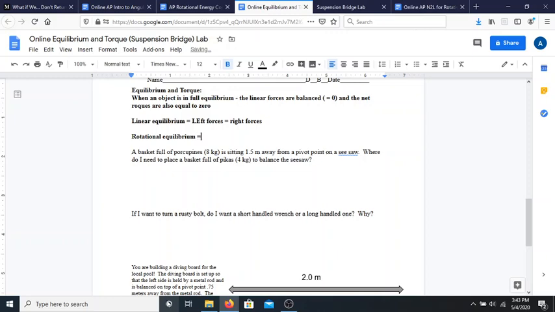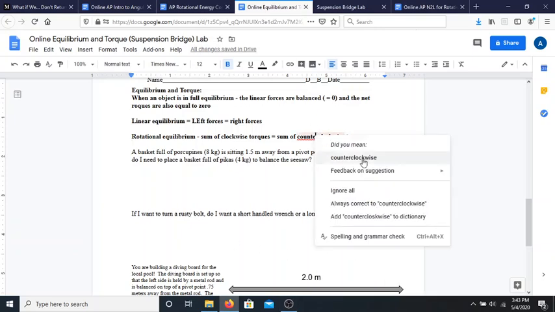All right, so for rotational equilibrium, what that means is that the sum of clockwise torques equals the sum of counterclockwise torques. And we already kind of saw how we can combine, how we can add or subtract clockwise and counterclockwise torques from the last video, all right? But we're going to practice that a little bit more today in detail.